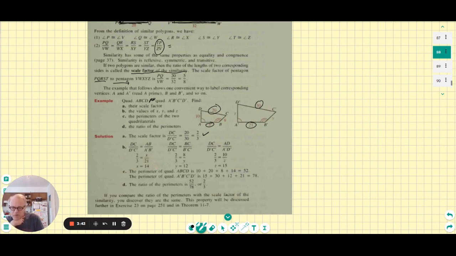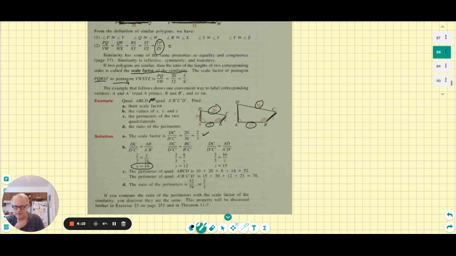So X over 21 is 2 over 3, and when you multiply it out, you get X equals 14. Same thing for Y. We pick these two sides, and we have 8 over Y equals 20 over 30. Solve for that. For Z, it's 10 over Z equals 20 over 30, or 2 over 3. Solve for that.